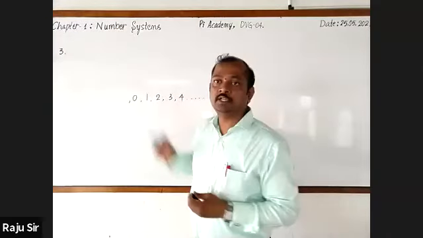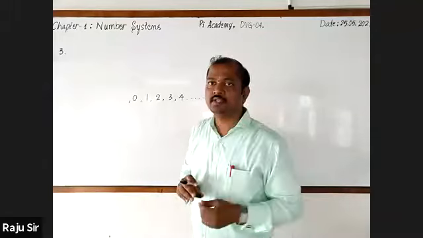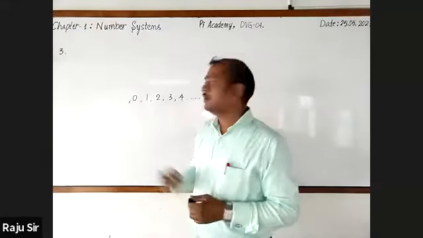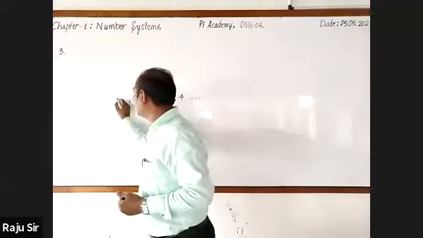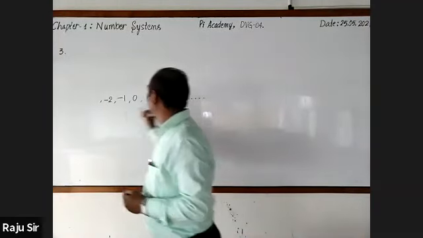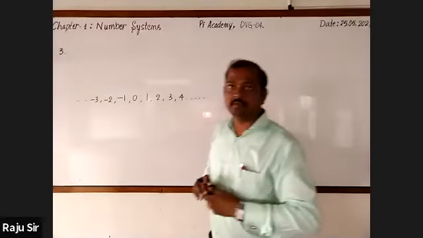Now I'm going to write the negatives. Can we take the negative of 0? No, because 0 has no sign. For the remaining numbers, we can take their negative. The negative of 1 can be written as -1, negative of 2 as -2, similarly -3 and so on.